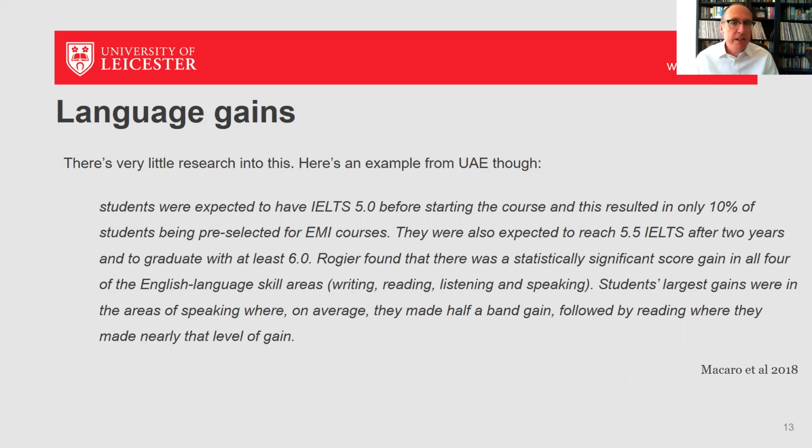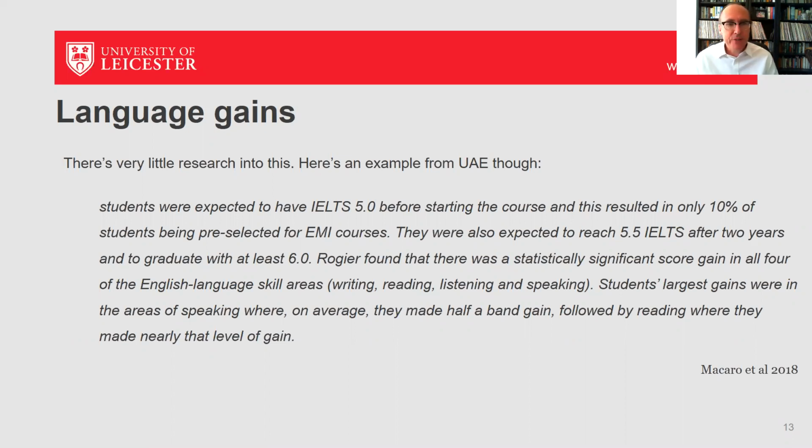Here in the UAE, students were expected to have IELTS 5 before starting the course. That's pretty low for starting an academic English program, but still only 10% of the students were able to then join the EMI course. They were expected to reach 5.5 after 2 years, and then to graduate with at least 6. I believe it's a 4-year undergraduate program.